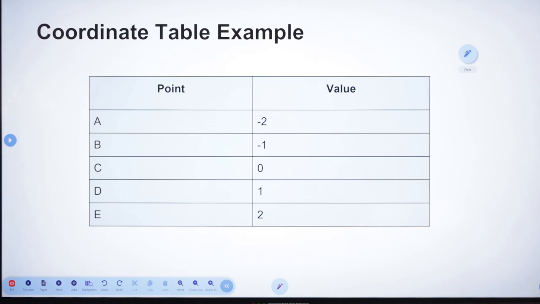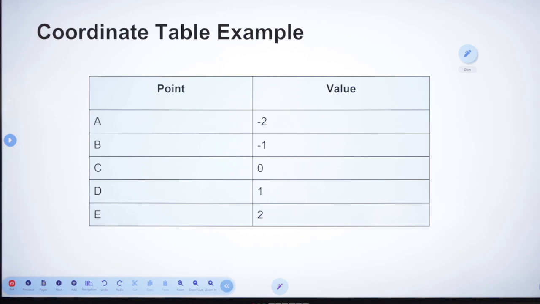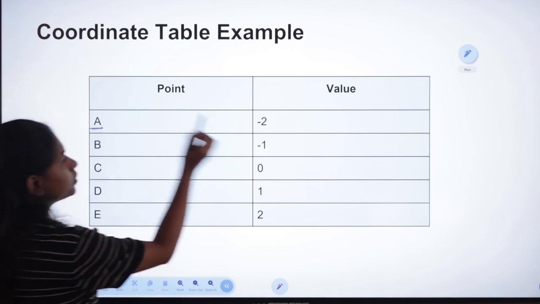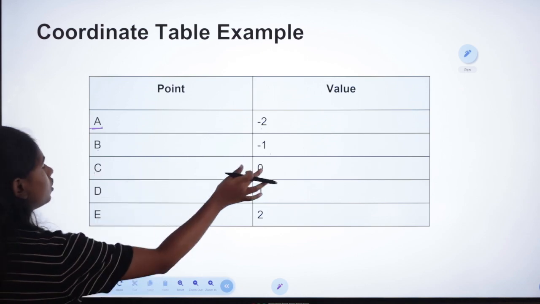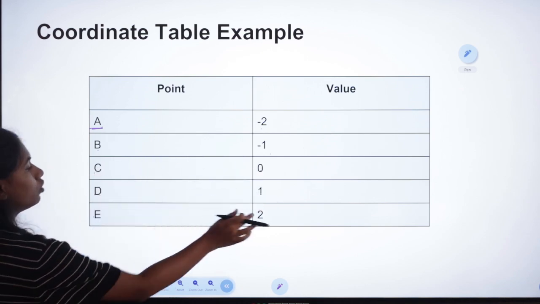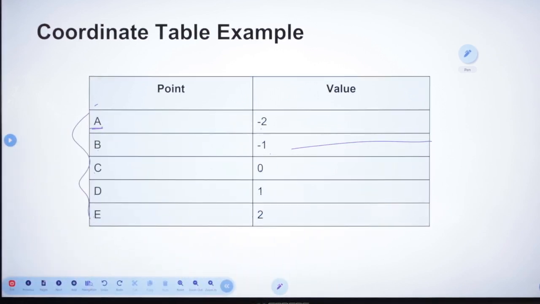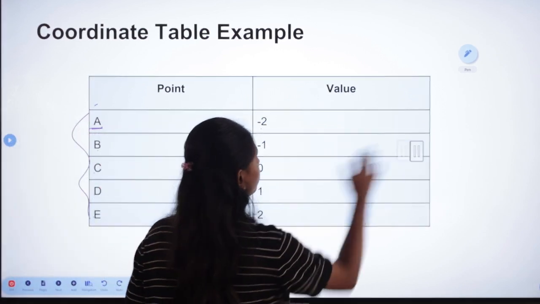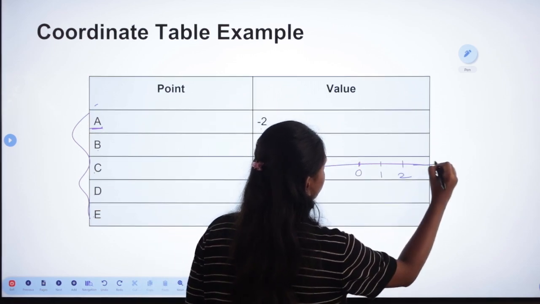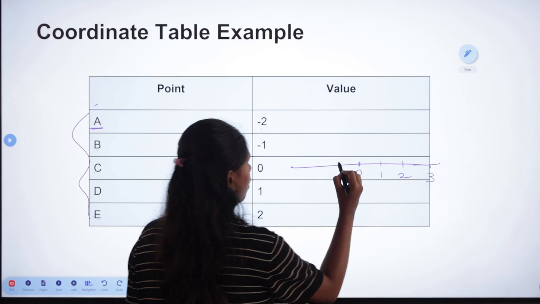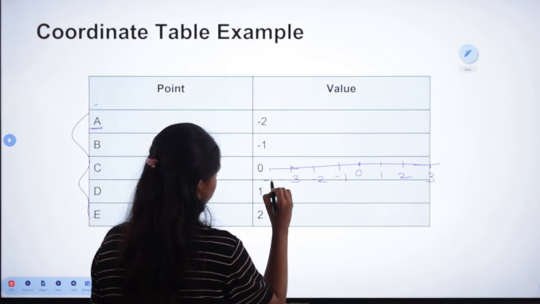The next. Now this is a coordinate table example. Okay. Point A is on minus 2, point B on minus 1, C on 0, D on 1 and E on 2. Means they have given names to the points, like this: 0, 1, 2, 3, minus 1, minus 2, minus 3, minus 4.